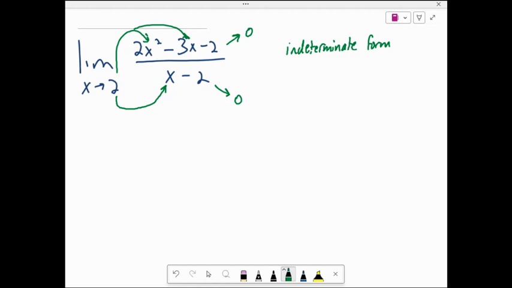Now, since we have polynomials again, we might as well just think about whether or not we can factor, right? And I know that if this is going to factor on the top, it's going to have a 2x and an x.